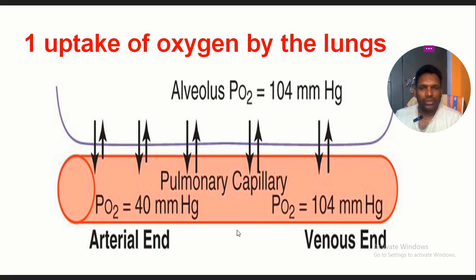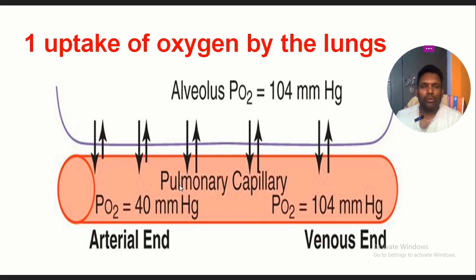So the diffusion, or movement, of oxygen occurs from the alveolus to the arterial end due to the difference between 104 mm of Hg and 40 mm of Hg, causing oxygen to move from the alveoli into the pulmonary capillary. From the pulmonary capillary, it is supplied to various parts of the body.